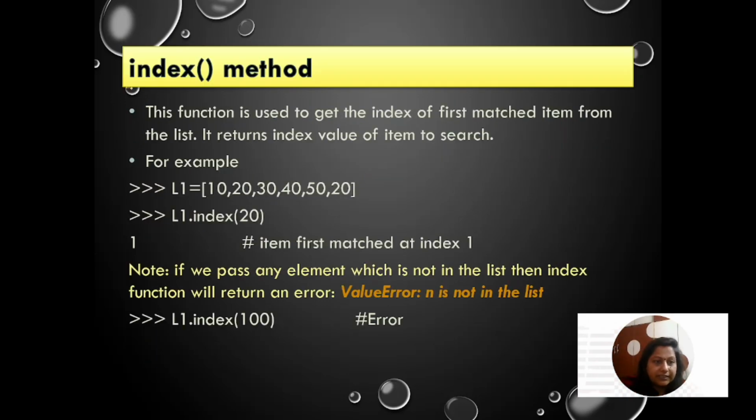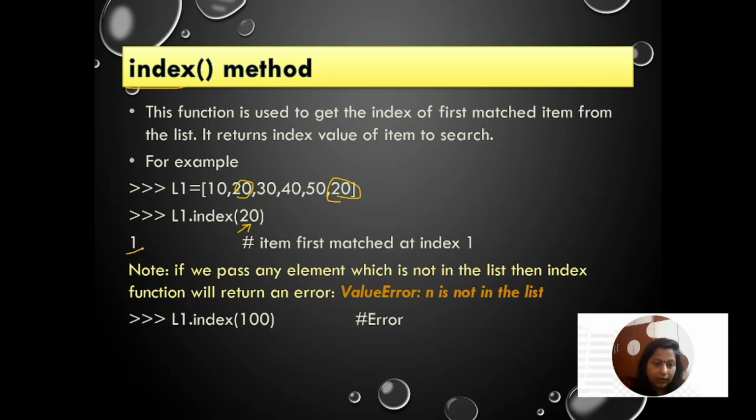Okay, the next one is the index method. What is the meaning of the index method? For example, L1 equal to 10, 20, 30, 20, and you pass the element 20. There are two such elements in the list, but which one occurred first? That element's index is what it returns.